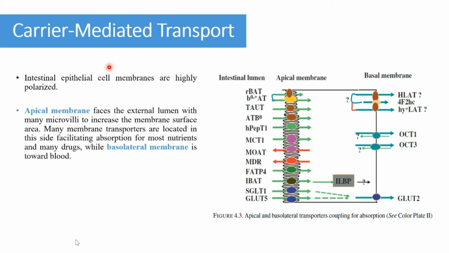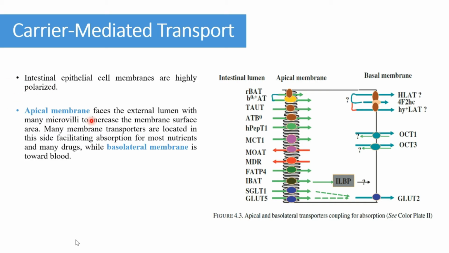And then this is the second membrane transport of transcellular, called carrier-mediated transport. Intestinal epithelial cell membranes are highly polarized. As we already described previously, there are the apical membrane and the basolateral membrane.